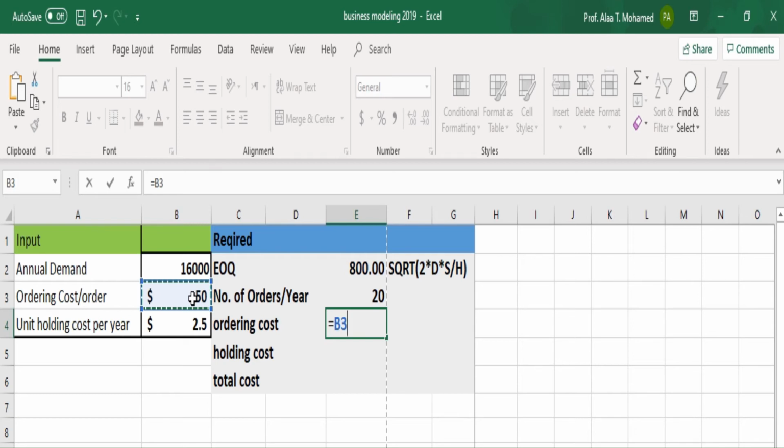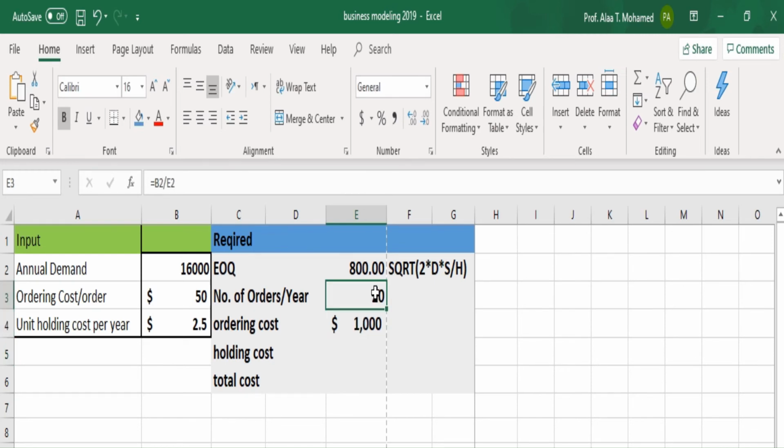We multiply the number of orders 20 and enter. 20 orders will cost you 20 multiplied by 50, and then you have $1,000 each year to order the annual demand.